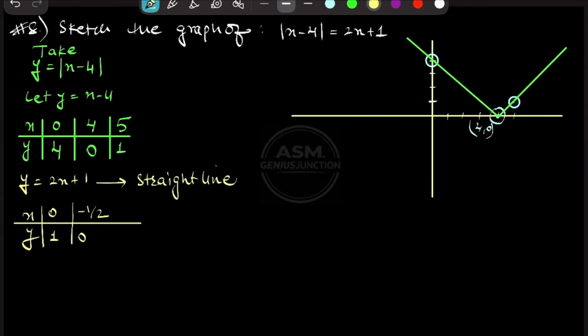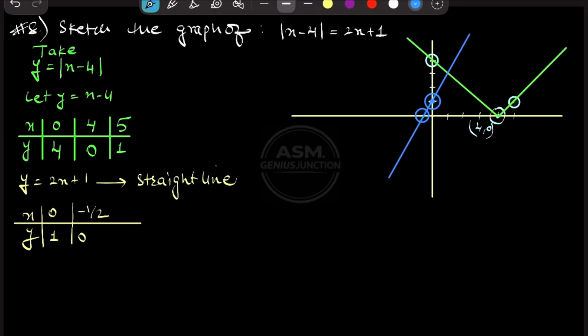This is a straight line, so 2 points are enough to plot the graph of it. So without wasting time, let's quickly plot 0 comma 1. So 0 comma 1 is over here, and minus 1 by 2 comma 0 lies somewhat on this side. You can use your scale.